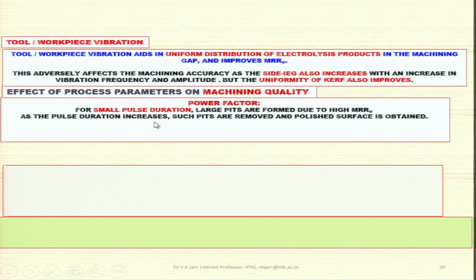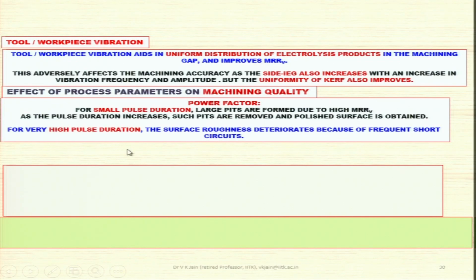Power factor: for small pulse duration, large pits are formed due to high MRRV. If MRRV is high, then definitely the pit's size is larger. As the pulse duration increases, such pits are removed and a polished surface is obtained.